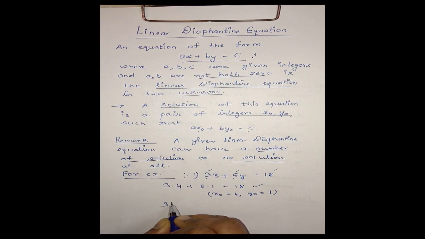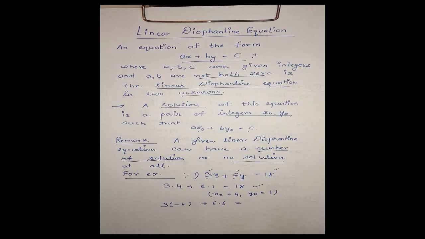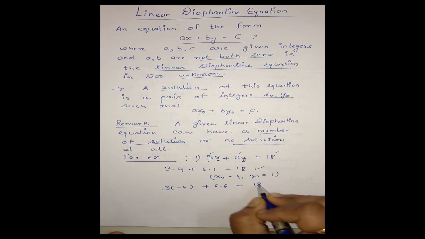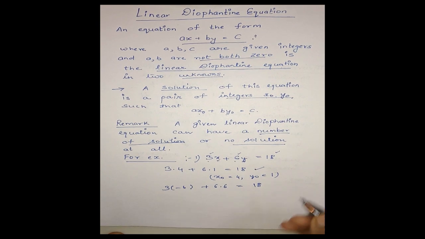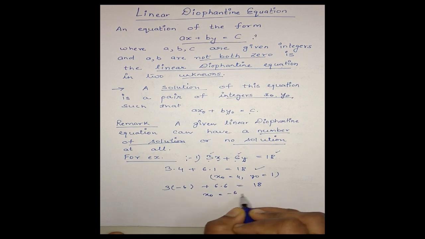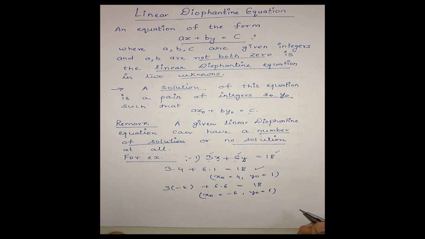Also, we can write 3 into minus 6 plus 6 into 6, that is minus 18 plus 36. Again we are getting 18, since here x naught and y naught are integers, positive or maybe negative. Here x naught is equal to minus 6 and y naught is equal to 6. This is another solution. Clear?